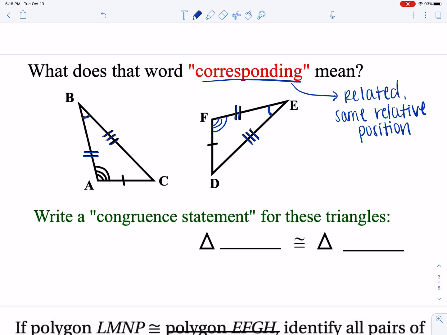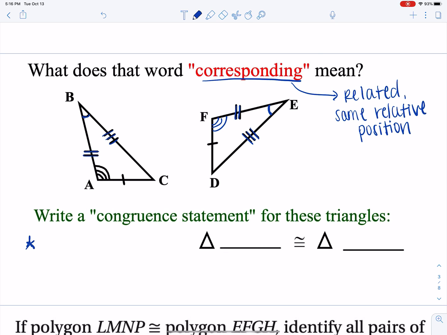So when we write a congruence statement for the triangles, the order of the letters indicates to us which angles or segments correspond with each other.